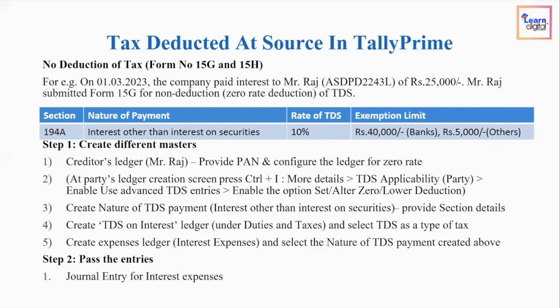But here Raj has provided the zero rate certificate, so we will not deduct any amount of TDS. And as we have done all the settings in TallyPrime, even the entries are automated, it will not deduct a single rupee as TDS from Raj's ledger.